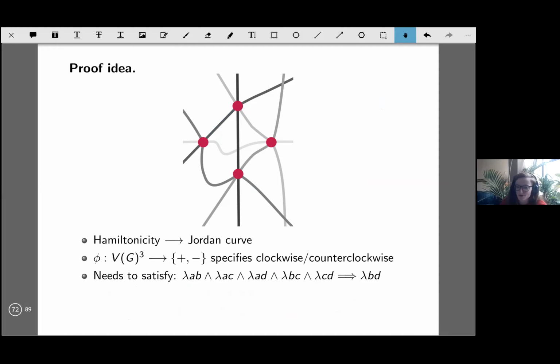For those of you who are familiar with oriented matroids, this is essentially the 4-term Plücker relation. So I finally got to learn what that really means. But let me say, first of all, what I mean by this notation. I'm writing lambda AB as shorthand for phi of lambda AB is equal to plus. So this says that you encounter lambda A and B in clockwise order.